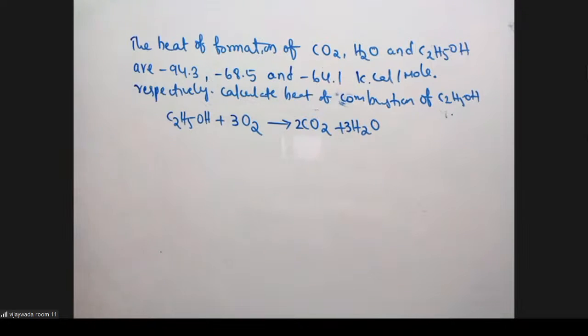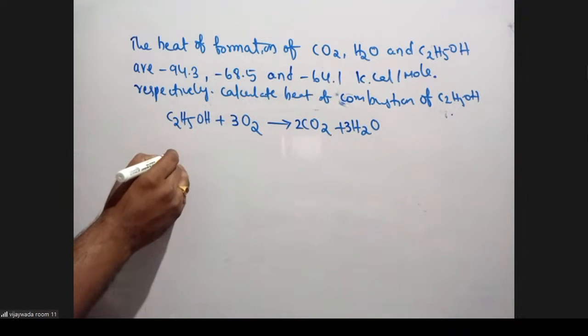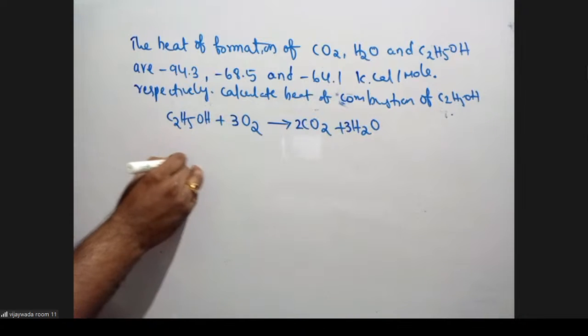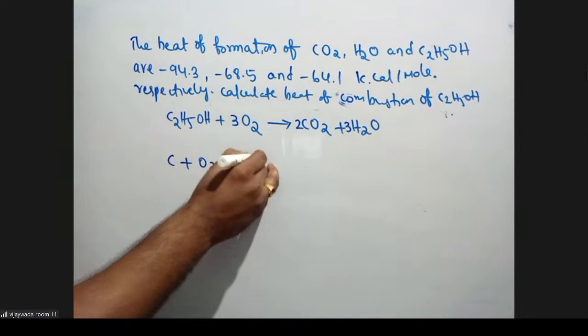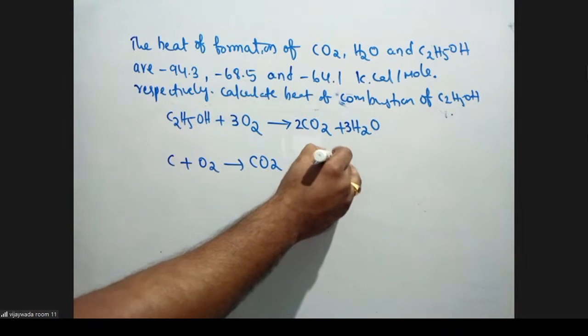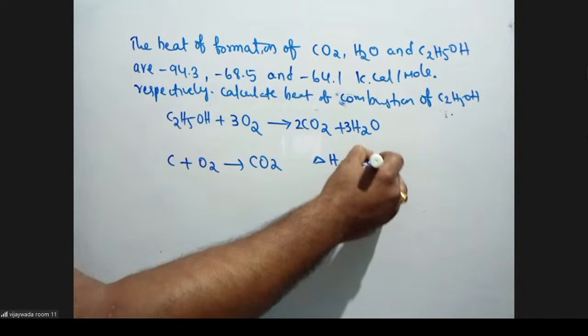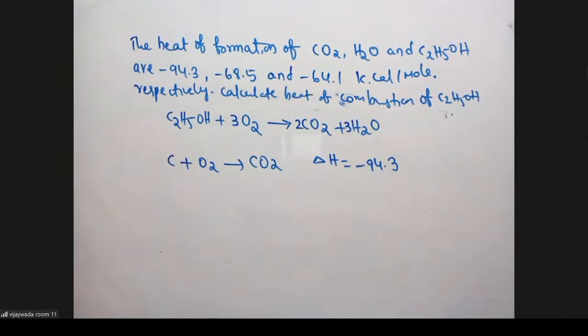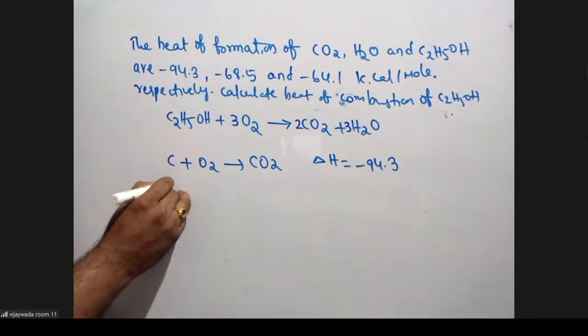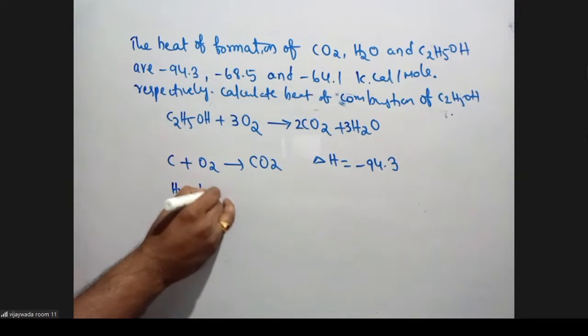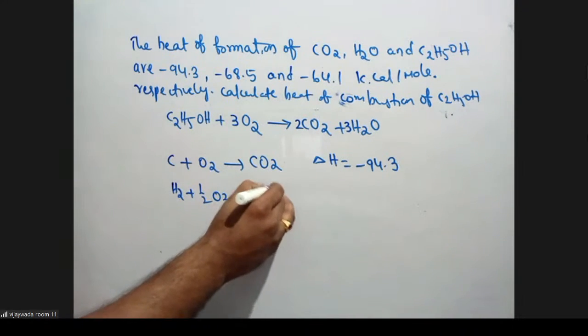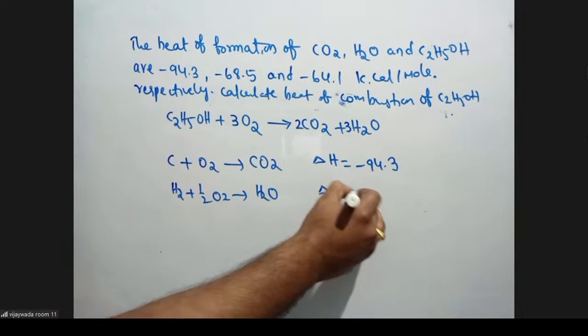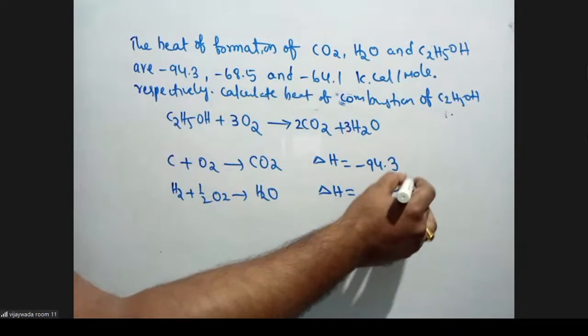Okay, right. With the help of given values, how can we get this equation? Heat of formation of CO2 equation: carbon plus oxygen gives rise to CO2. Delta H for this is minus 94.3. Heat of formation of water: H2 plus 1/2 O2 gives rise to H2O. Delta H for this one is minus 68.5.